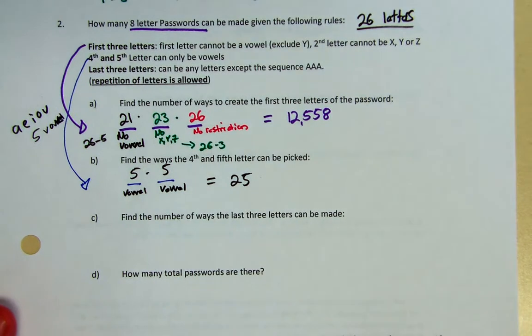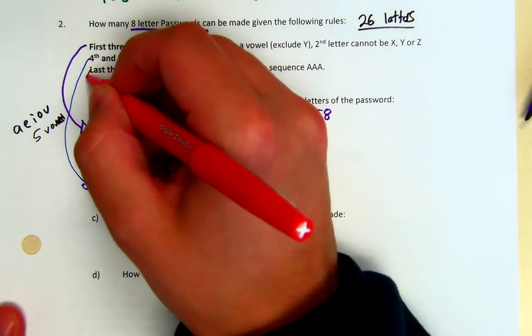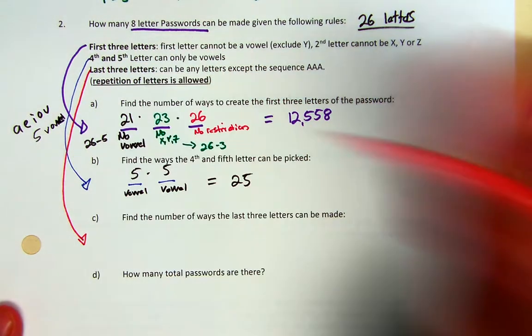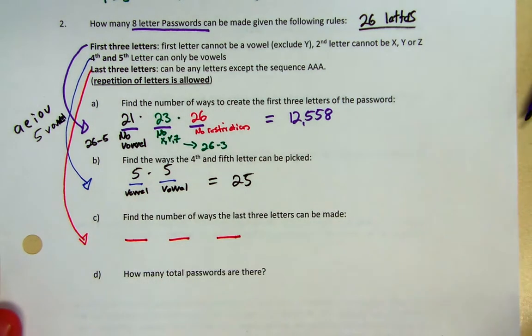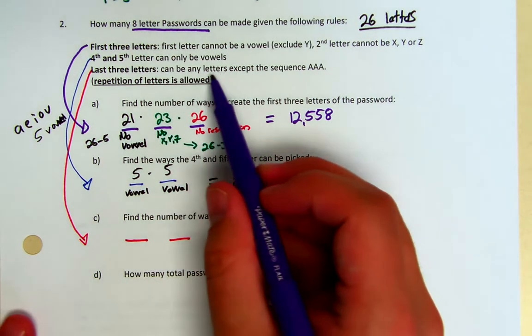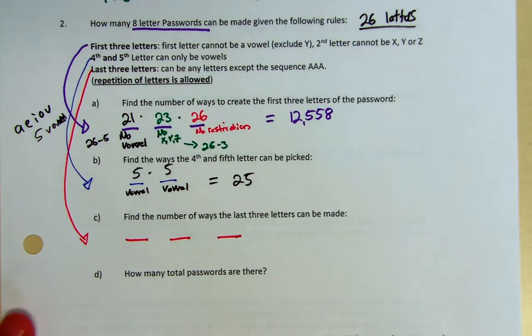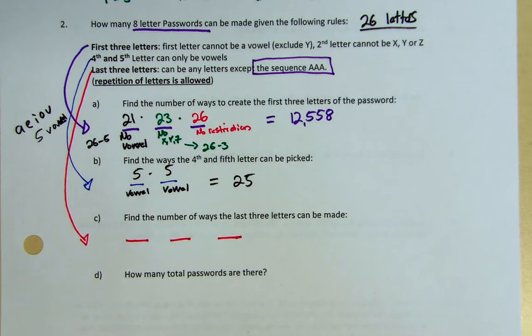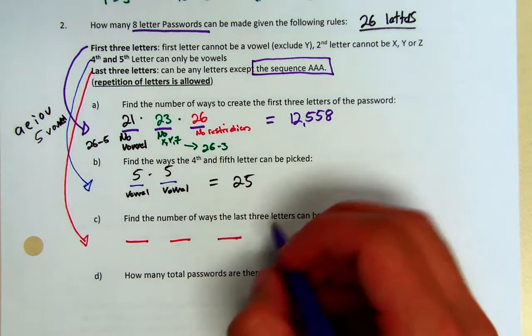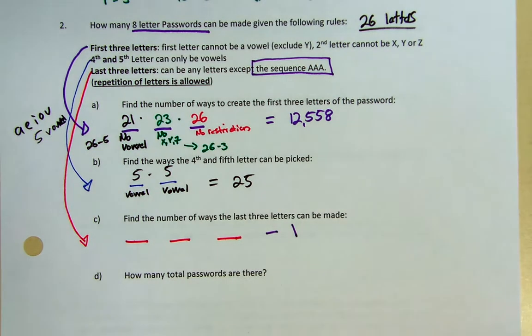Alright, moving on to the next part. The last 3 letters. Again, slot it out, 1, 2, 3. They can be any letters except for the sequence AAA. That's one code it cannot be, so we're going to subtract 1.